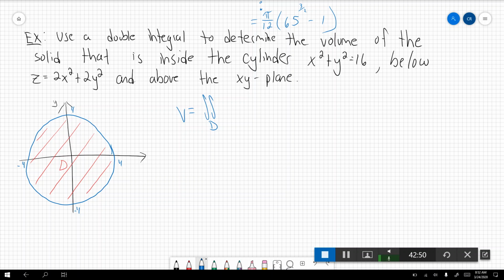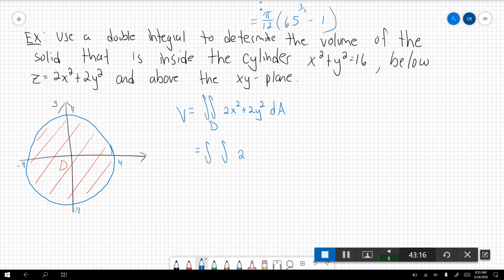That top height value is going to be that paraboloid, with respect to the area. So all we got to do now is convert all of this into polar coordinates. So let's go through that.